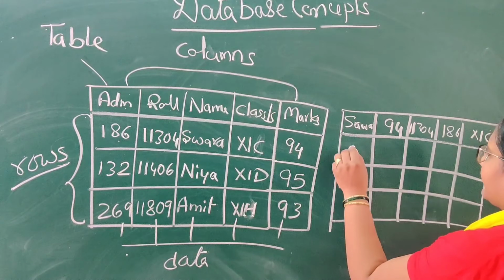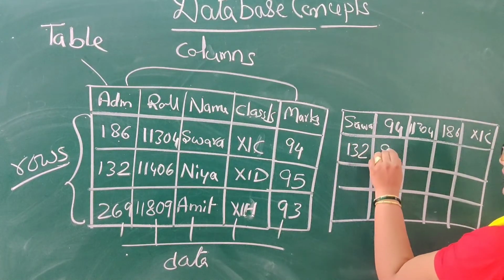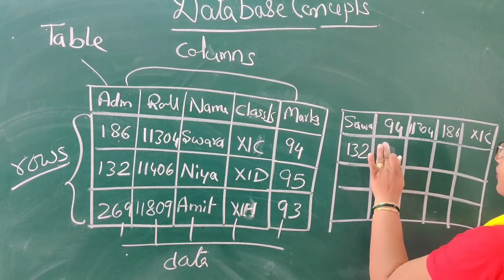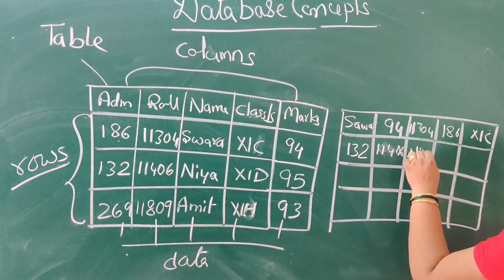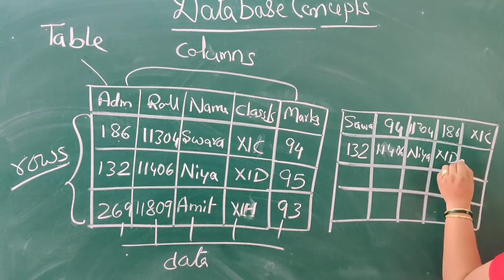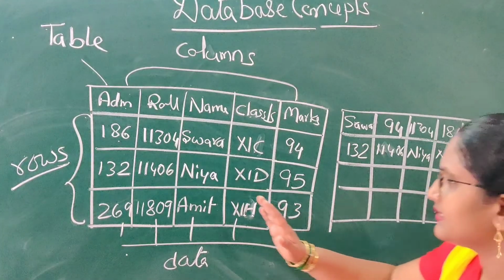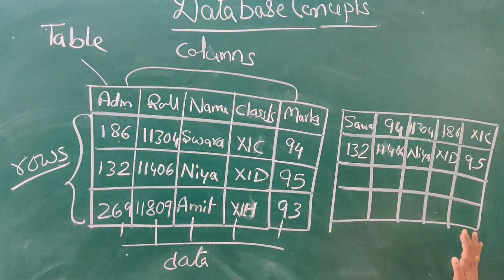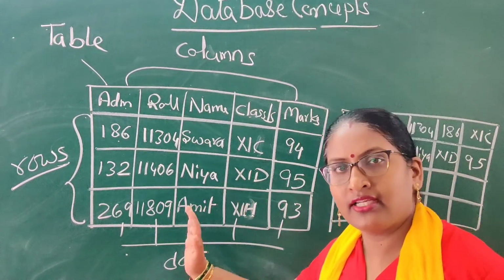Another student writes the roll number here. Mia will write here her roll number 11406, then Mia, then 11D, then what is left, 95. Is this the organized form, or is this the organized form?